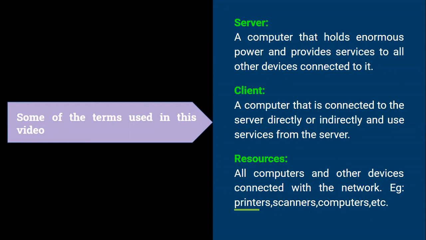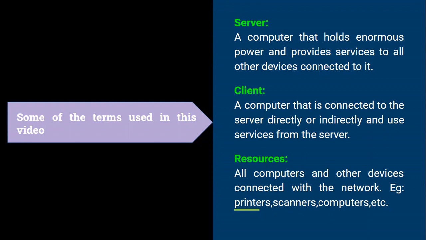A client is a computer that is connected to the server directly or indirectly and uses services from the server. Number 3, resources. Resources are the computers and other devices connected within the network. For example, printers, scanners, computers, etc.